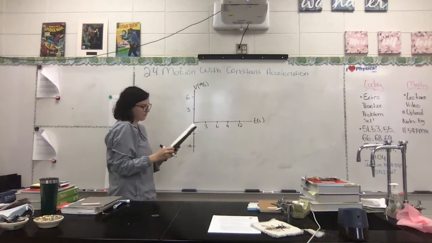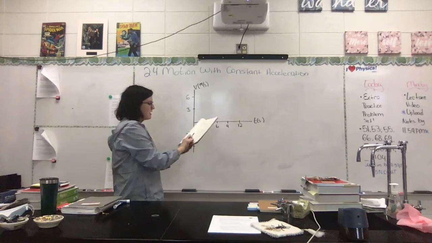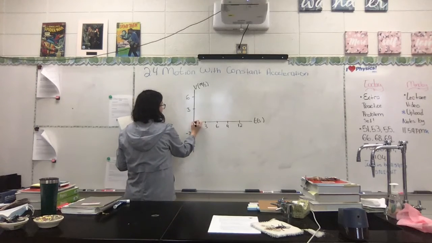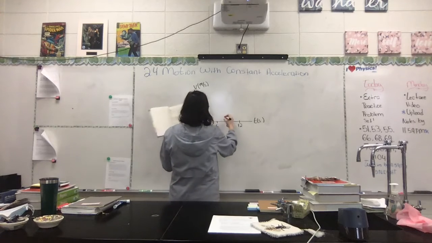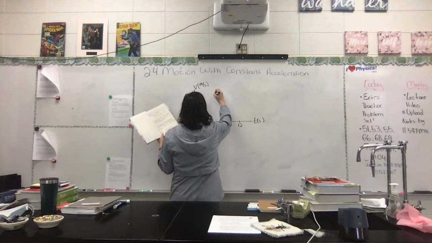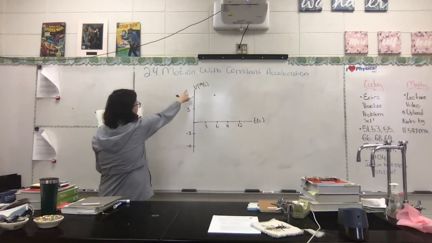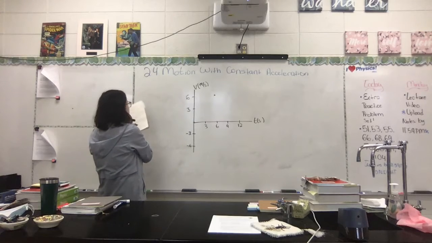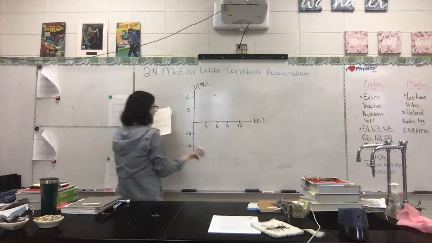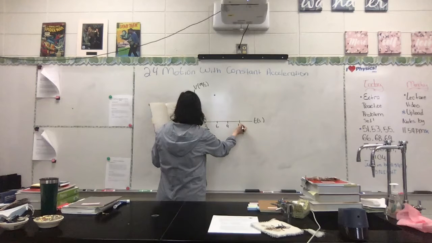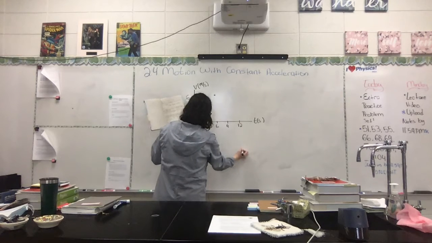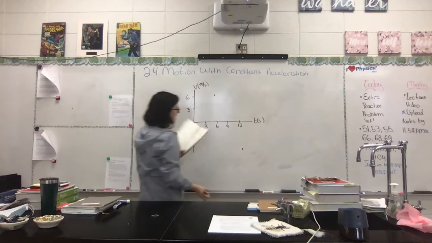At 0 seconds, we're at position 0. At 6 seconds, we have reached a velocity of 6 meters per second. And at 12 seconds, we will have reached -6 meters per second.